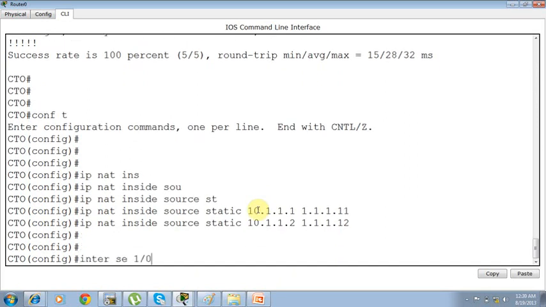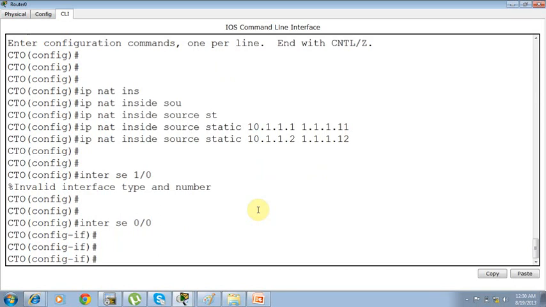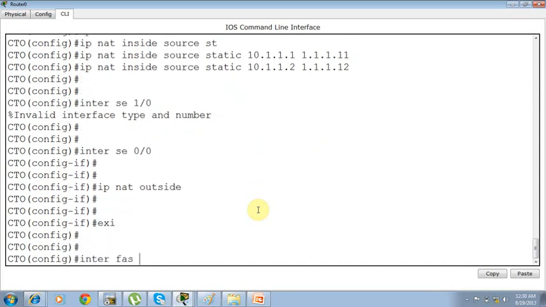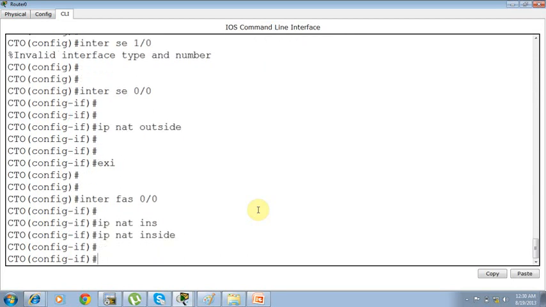And after this I configure interface serial 0/0 and I say ip nat outside, and interface FastEthernet 0/0, I say ip nat inside.